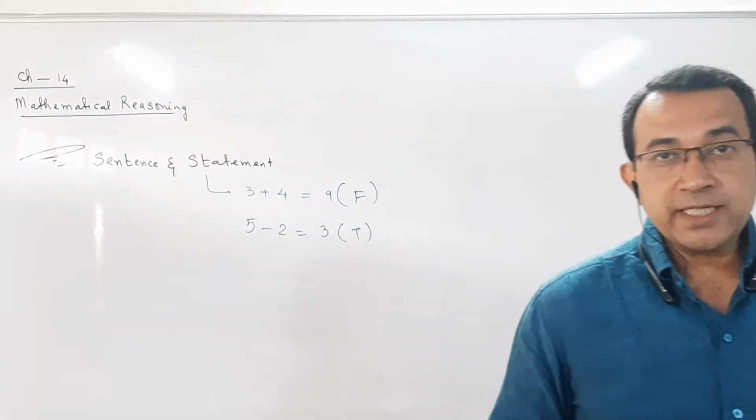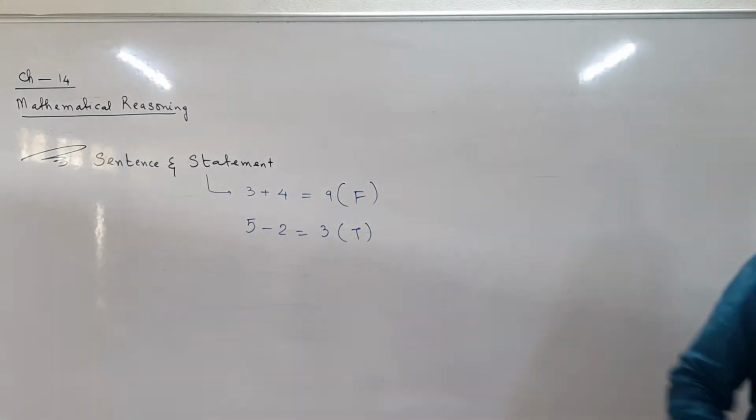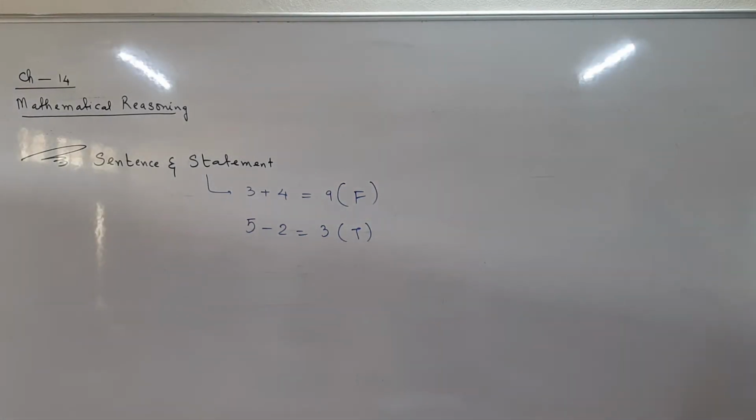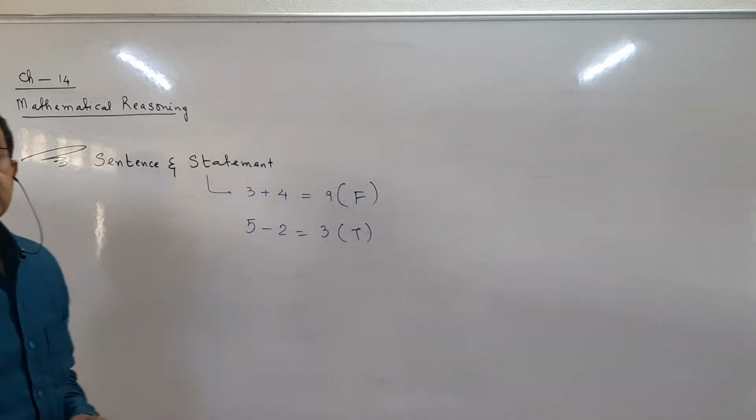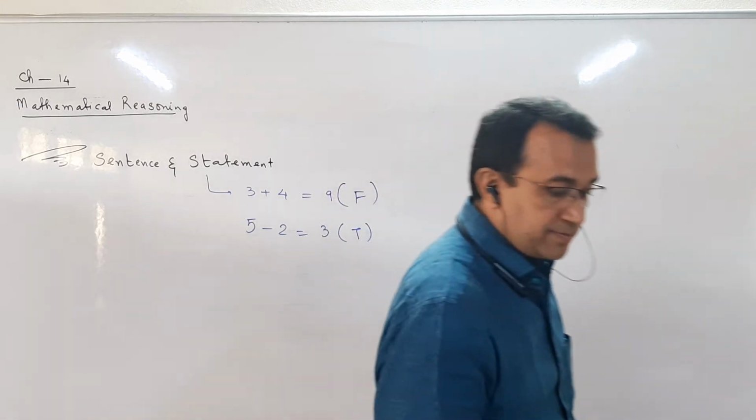So in mathematics, students, sentences and statements are totally different. Every statement is a sentence, but a sentence becomes a statement only if it is universally true or false, but not both at a time. So there is a line of difference between a sentence and a statement.